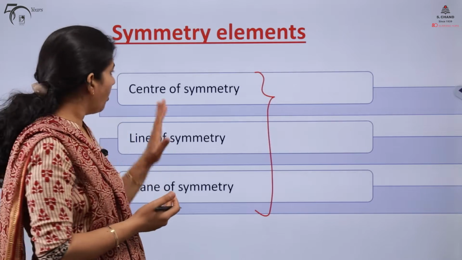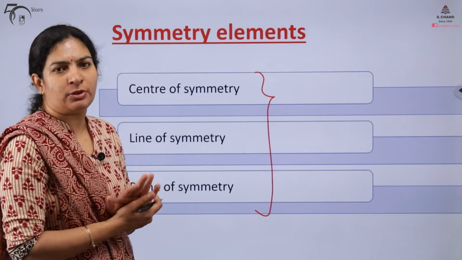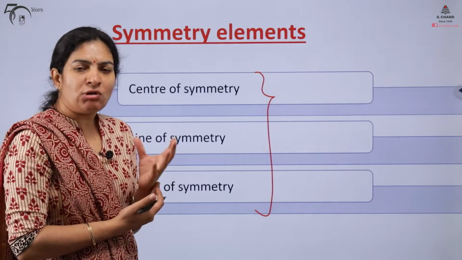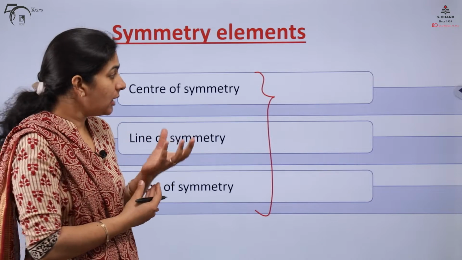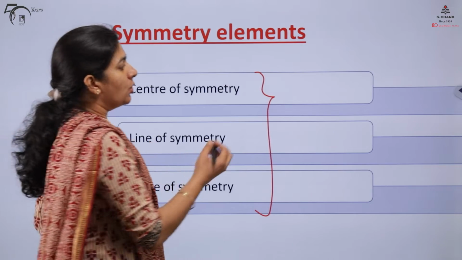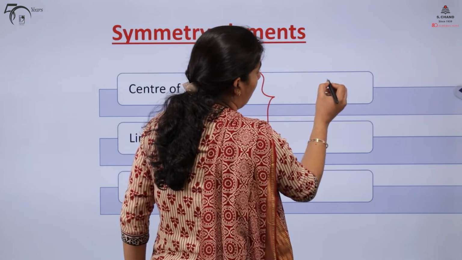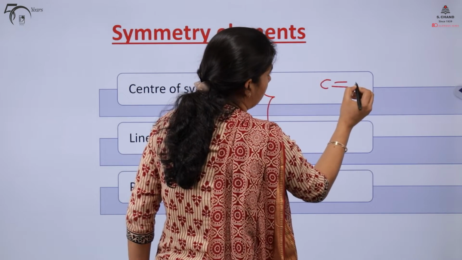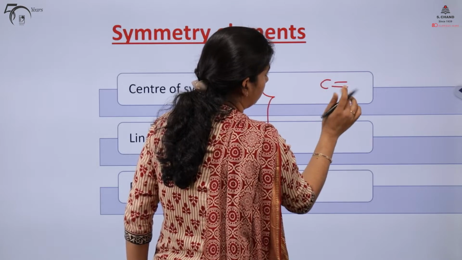Now, let us talk about center of symmetry. These symmetry elements are basically present in molecules. Suppose we have a molecule called carbon dioxide.